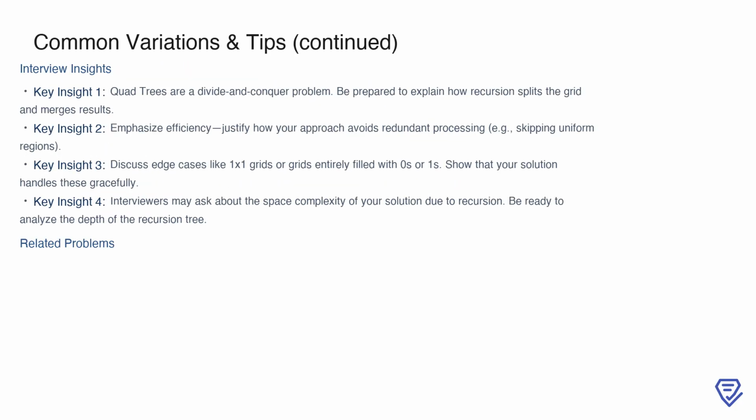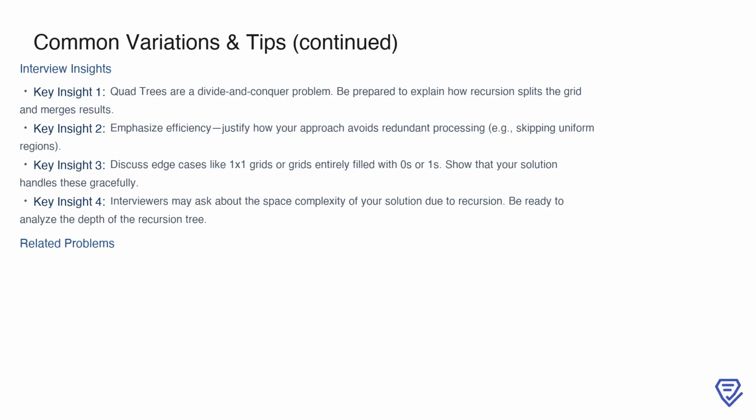When it comes to interviews, there are a few key insights to keep in mind. First, quad trees are fundamentally a divide and conquer problem. You should be able to clearly explain how your solution recursively splits the grid into smaller regions and merges the results. Efficiency is another critical aspect. Be prepared to justify how your approach avoids redundant processing, such as skipping uniform regions to save time.